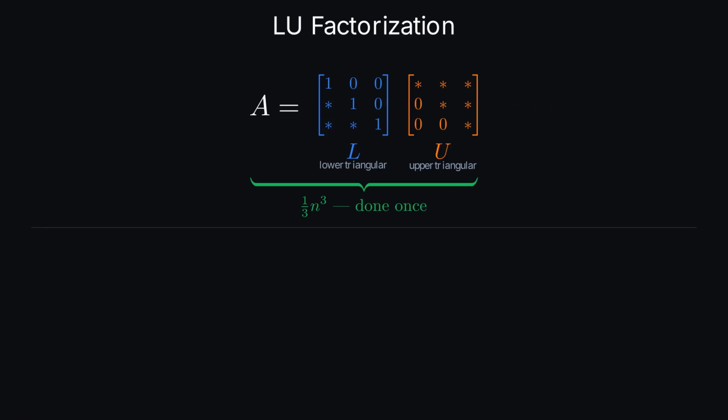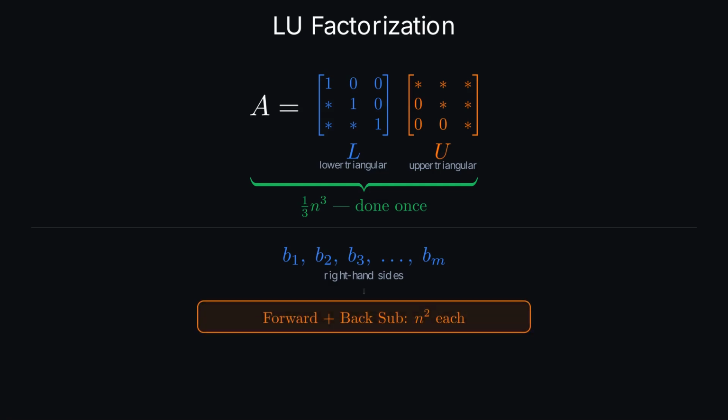A large bracket encompasses the factorization, indicating this 1/3 n cubed cost is done only once. Below, we see multiple right-hand side vectors, B1, B2, B3, all the way to Bm. Each one passes through a forward and back substitution step, costing only n² each, producing solutions x1, x2, x3 through xm. The key takeaway, factor once, solve many times.